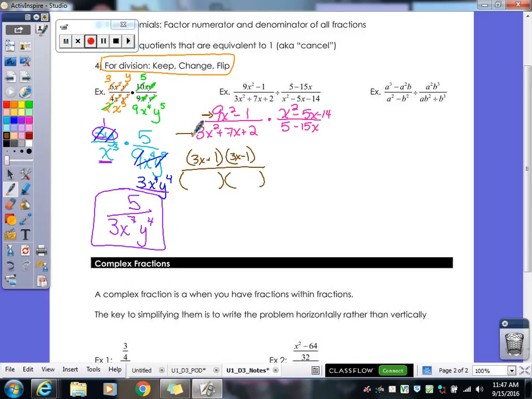So now I'm going to look at my denominator and factor that one. So we start with a 3x squared. So that means I'm going to have a 3x and an x to start with. What will our signs be? Both positive. Very good.